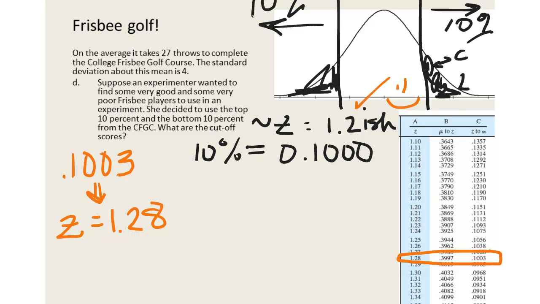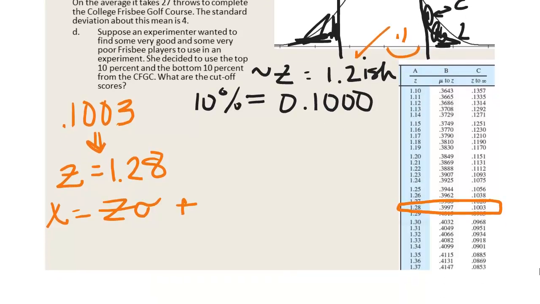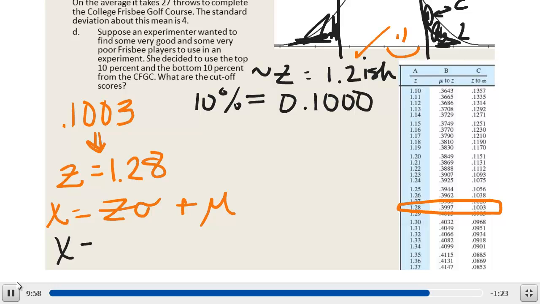Now here comes our new equation, x equals z sigma plus mu. So the x is what we're looking for. It's the z, 1.28, times sigma, which is 4, plus the mean, 27, which is the average, remember, to get through the course itself.